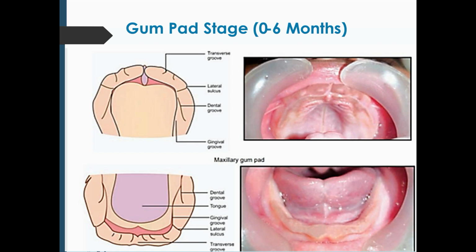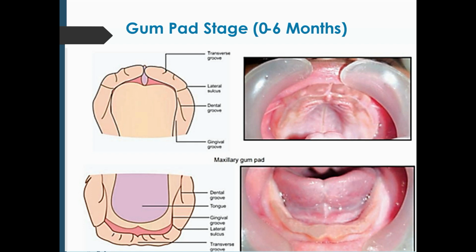These are greatly thickened alveolar mucous membrane of the gums, which soon become segmented, and each segment is a developing tooth site. Jaws are devoid of teeth at birth. Gum pad stage extends from birth up to the eruption of the first primary tooth.